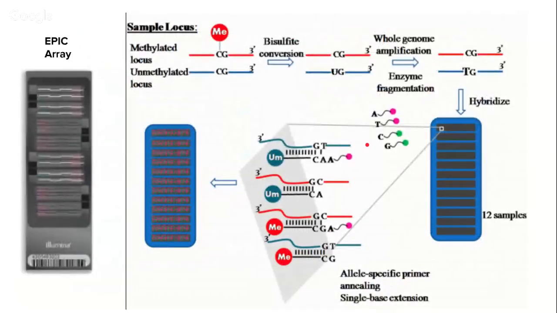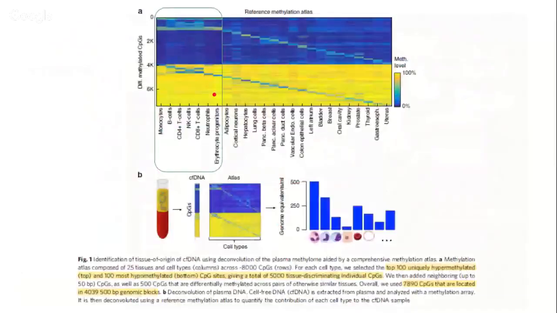But as I was saying, in this paper, what they did is the old school way of using the EPIC array for this. And this requires quite a lot of material, as we will see later on in the details. So this is a graph that basically shows the sorting, the clustering of tissues by their methylation status.